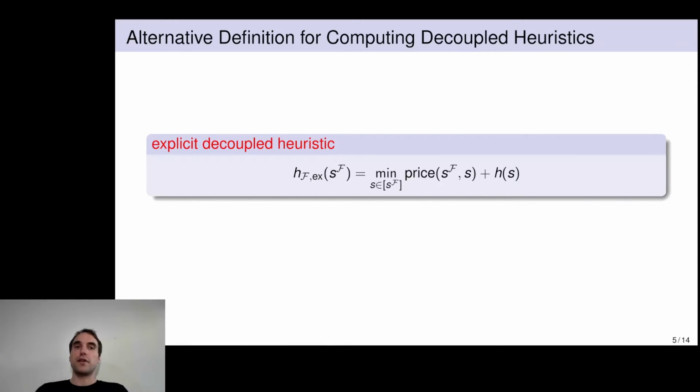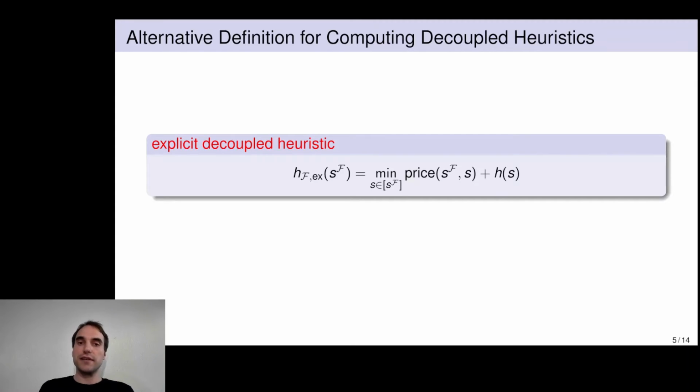Therefore, we were looking for alternative ways of using explicit heuristics in decoupled search, and came up with this direct definition, so to say, which we call the explicit decoupled heuristic. Why explicit?